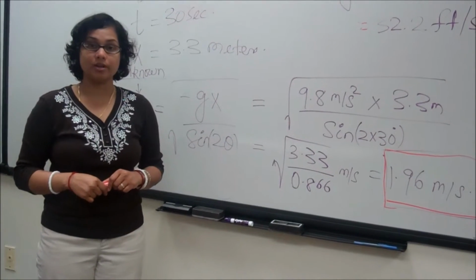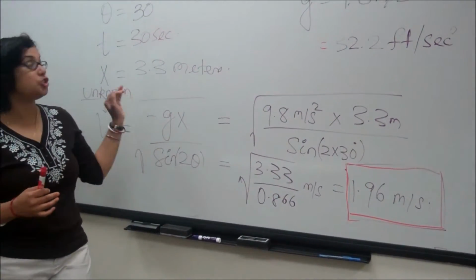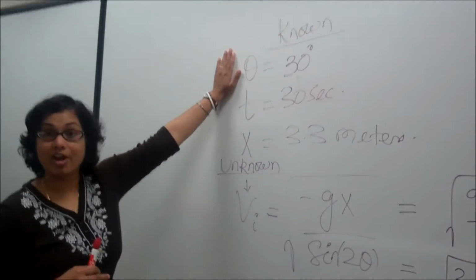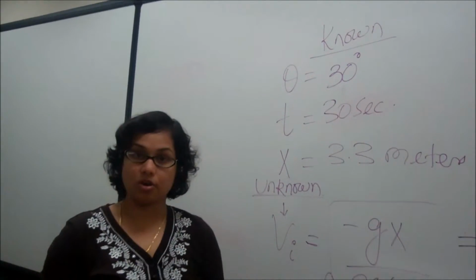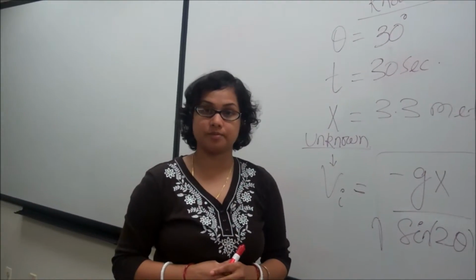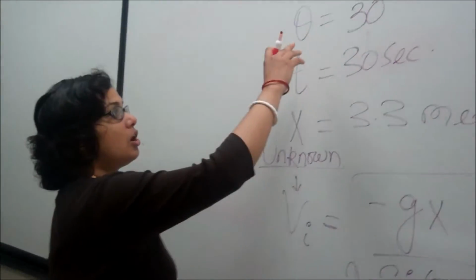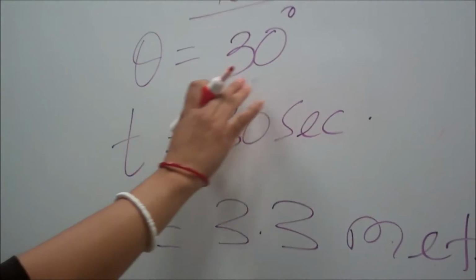This is how you calculate initial velocity, or use different formulas to find out the time it takes, or the firing angle, or the initial velocity of any projectile object. Okay, from the experiment, our known values we found: theta, which is the firing angle, is 30 degrees.